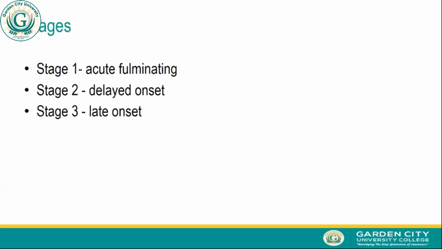Can we move on? All right, so you have stages. Stage 1, stage 2, stage 3. Acute fulminating. When you talk about fulminating, it is very severe, and it occurs rapidly.